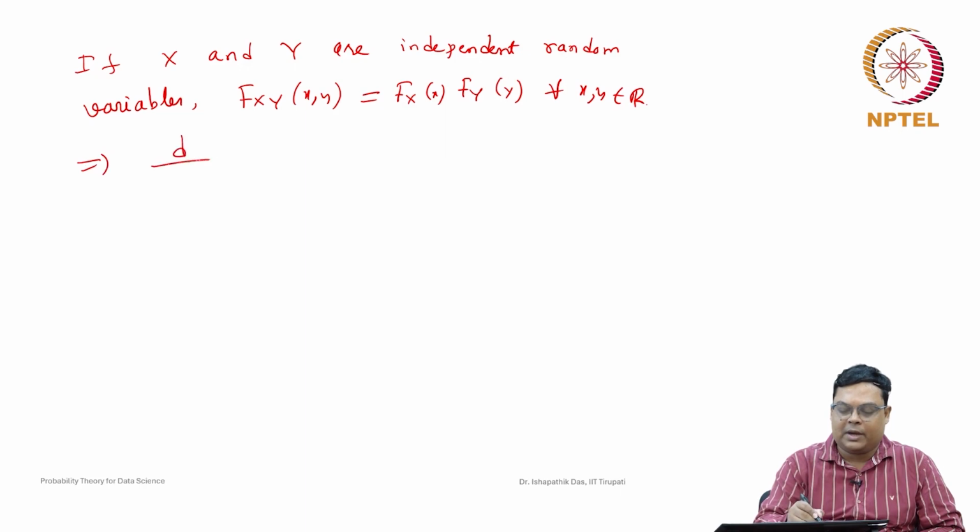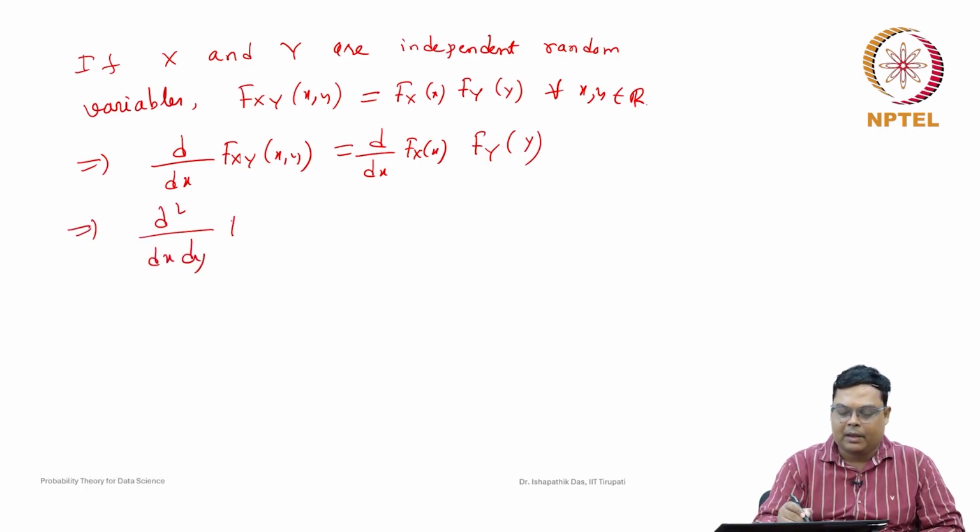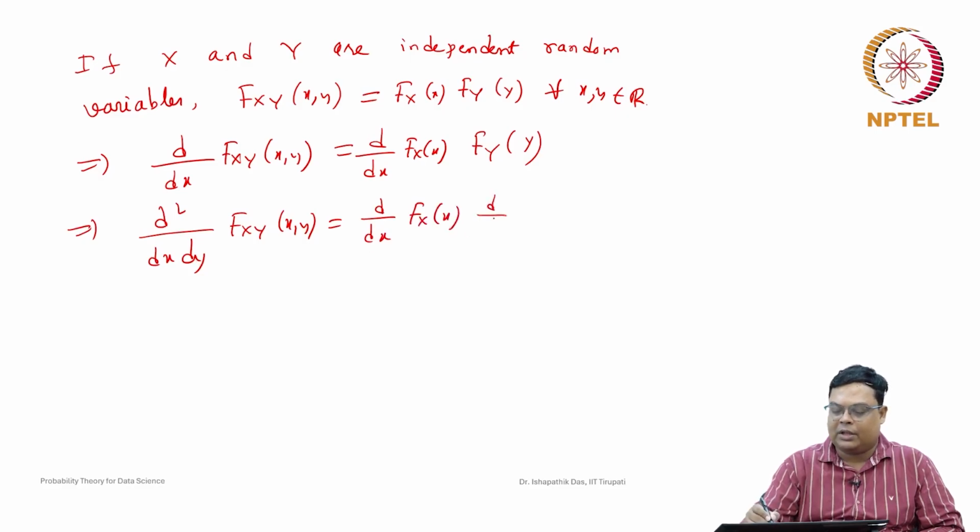Now, if you take the derivative d/dx of F_XY(x, y), this is nothing but d/dx of F_X(x), noting that F_Y(y) is independent of x, so it remains as it is. Similarly, if you again take the derivative with respect to y, F_X(x) is independent of y, so the derivative acts on F_Y(y).